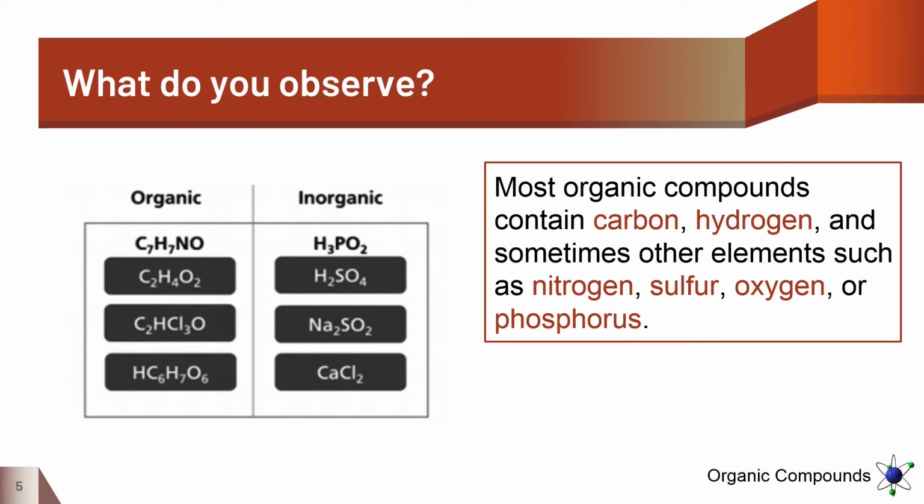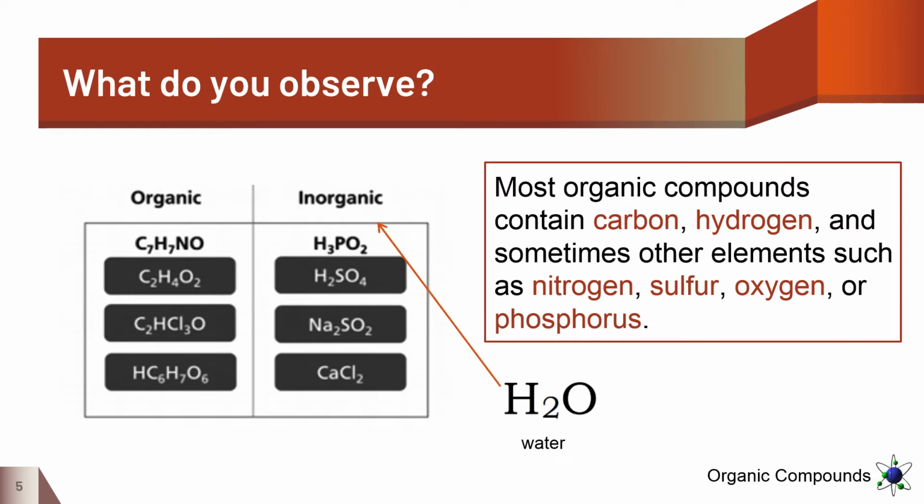Let us have an example. We have here water. As you can see, we have the elements hydrogen and oxygen in the chemical formula H2O. However, can we classify this particular compound as organic? The answer is no, because it is inorganic.